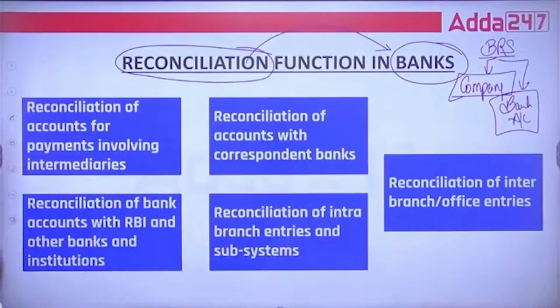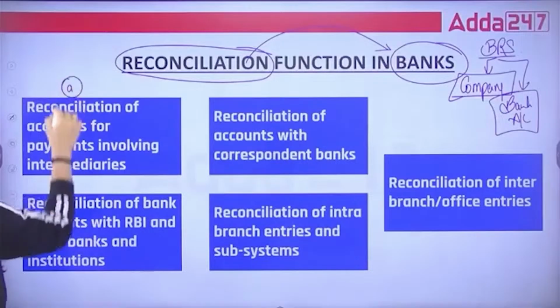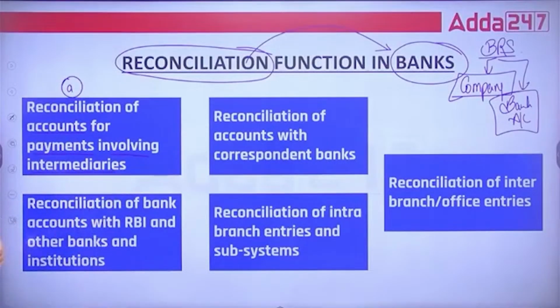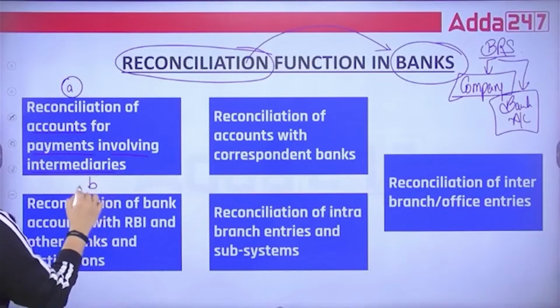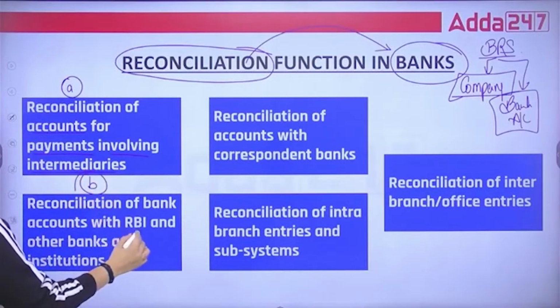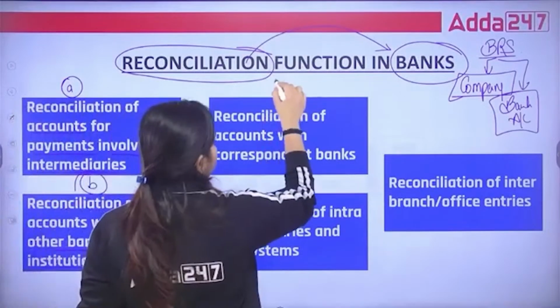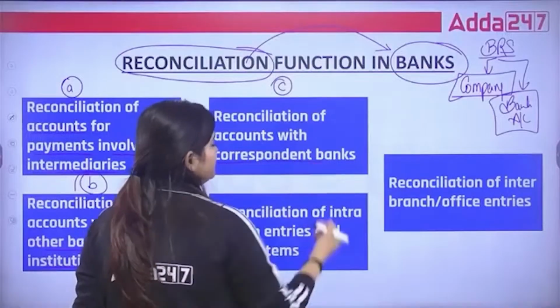Yes, so here the first reconciliation we are going to talk about is the accounts for payments involving intermediaries. Next we are going to talk about reconciliation of bank accounts with RBI and other banks institutions. Then we are going to see reconciliation of accounts with correspondent banks.